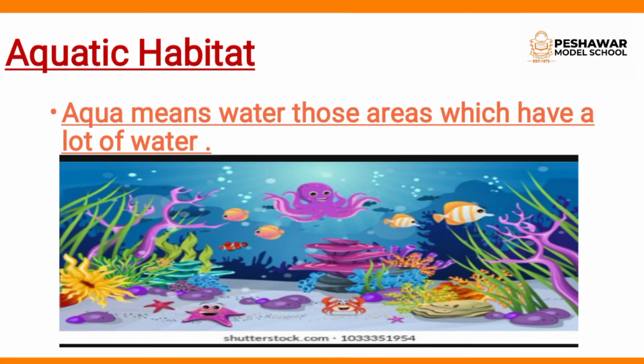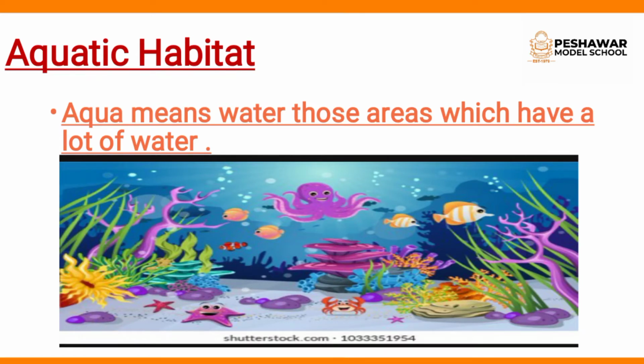So let's discuss aquatic habitat. Aqua means water, those areas which have a lot of water. The habitat that has water in its surrounding in which the organisms live is called aquatic habitat.